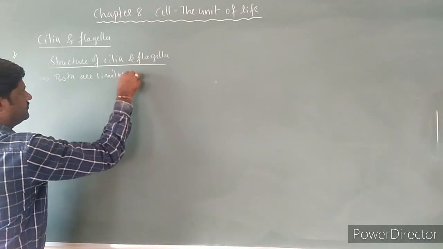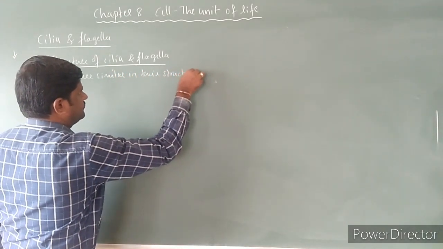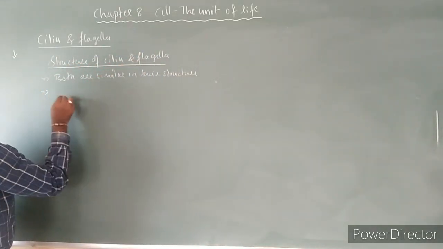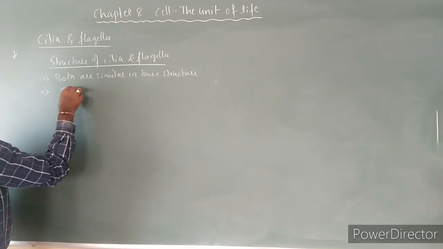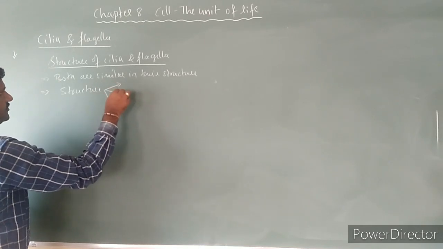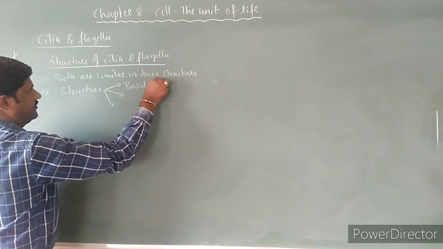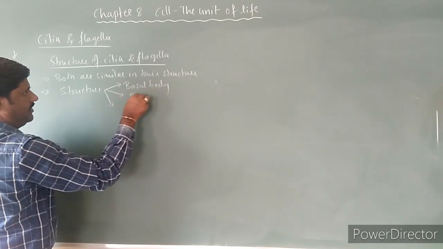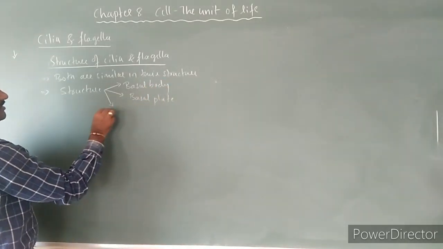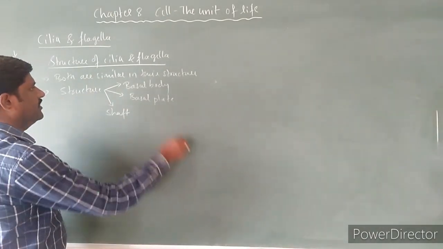So the structure of cilia and flagella has three major parts: basal body, basal plate, and shaft.